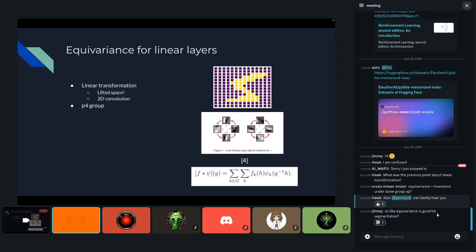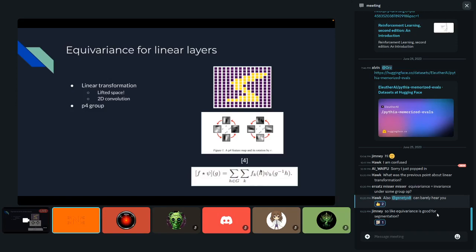A group convolution, for all group elements, does a weighted sum.